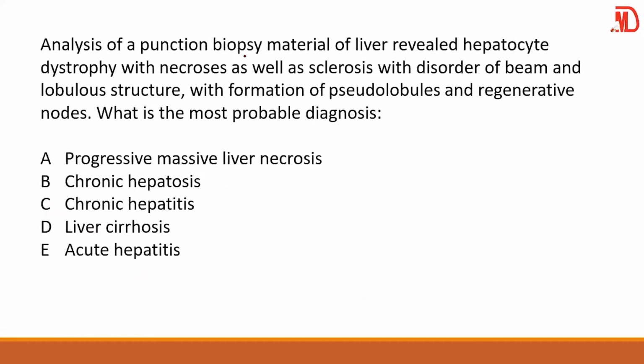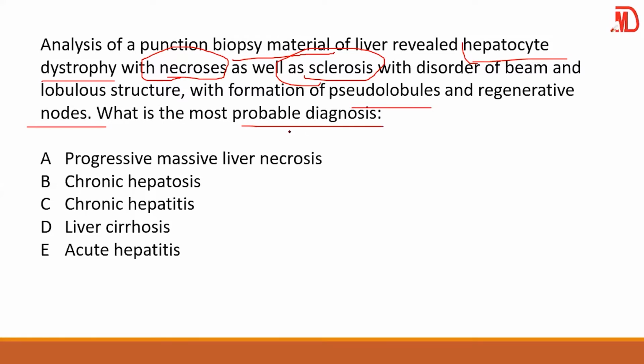Analysis of a puncture biopsy material of a liver revealed hepatocyte dystrophy. That means the cells are being destroyed with necrosis as well as sclerosis. That means the hepatocytes are being replaced with scar tissue. Now, there's a formation of pseudolobules and regenerative nodes.